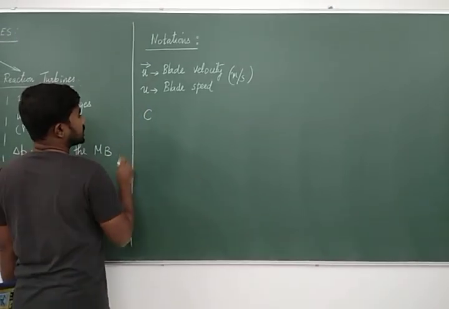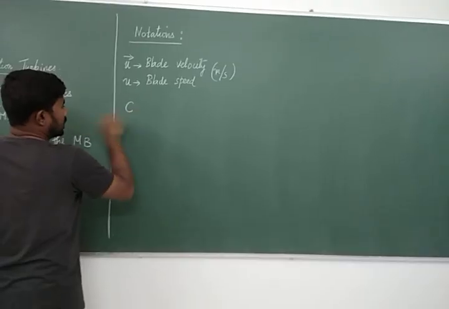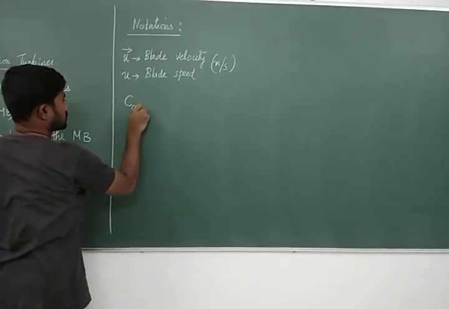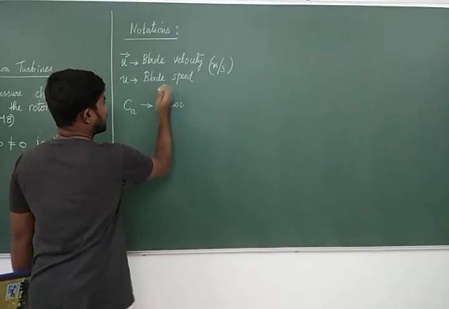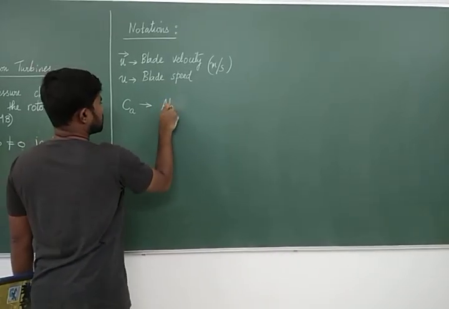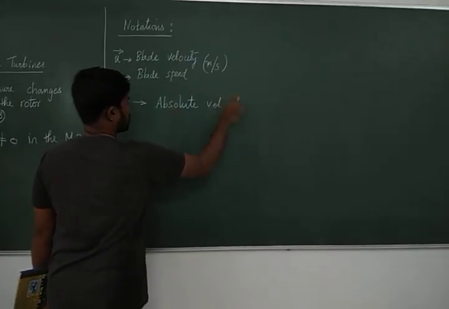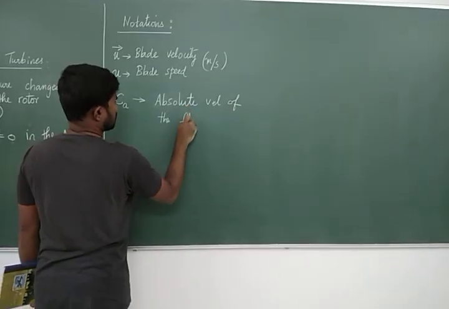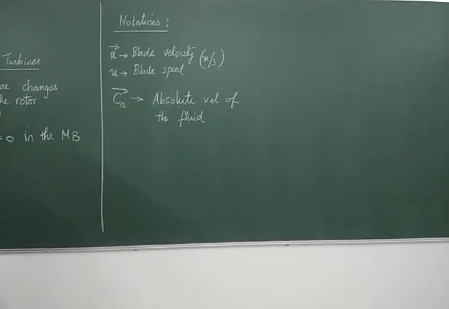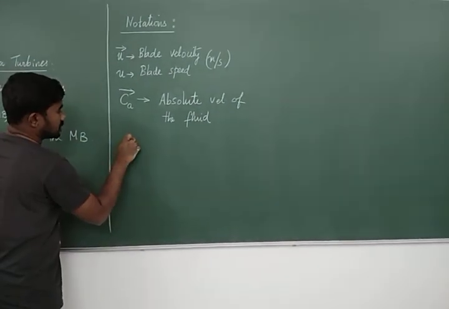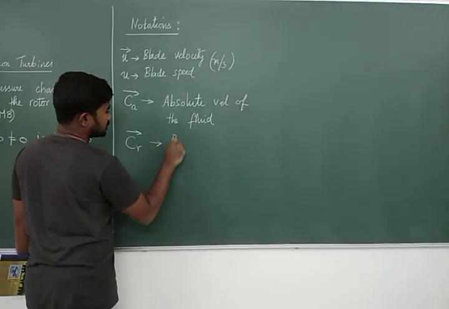Now, C refers to the velocity of the fluid, the absolute velocity of the fluid. I will write it as a vector. Now CR vector refers to the relative velocity.